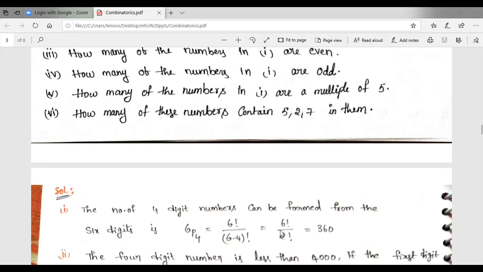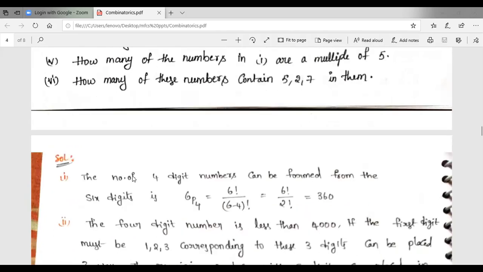The remaining is 6 into 5 into 4 into 3, which equals 360. So using the given 6 digits, we have 360 four-digit numbers.